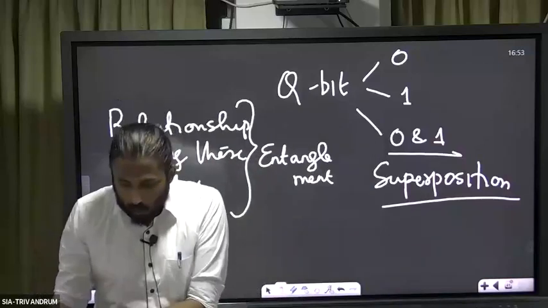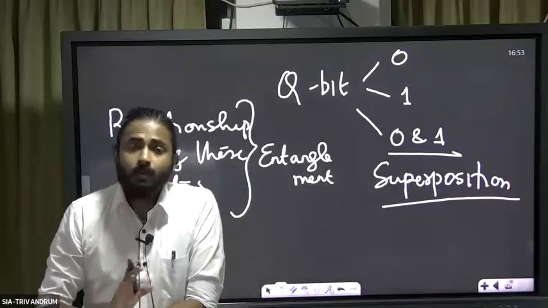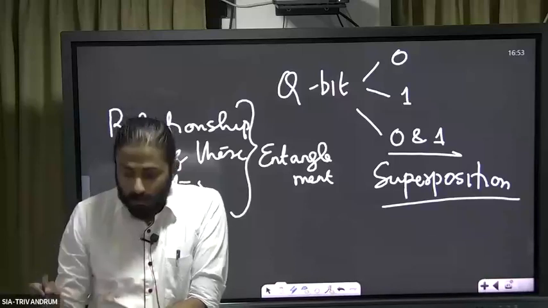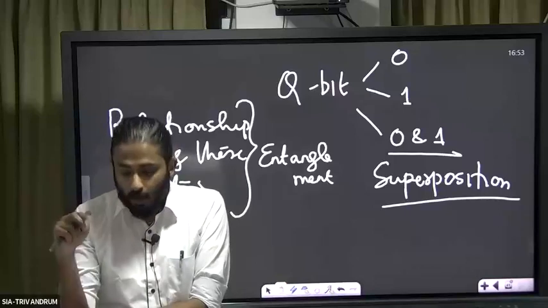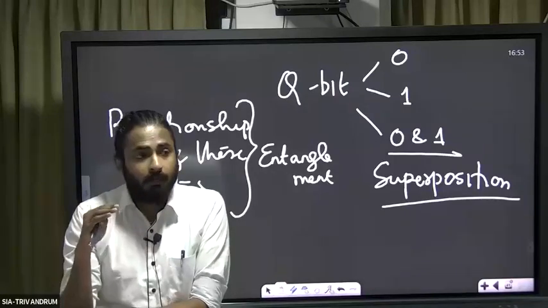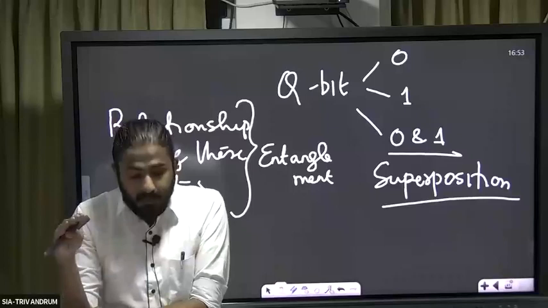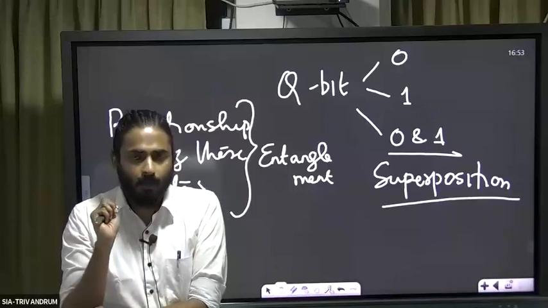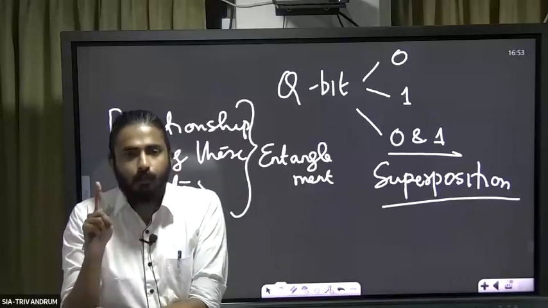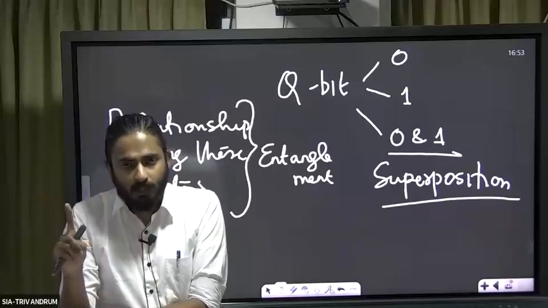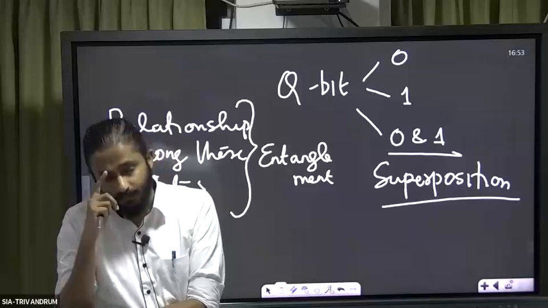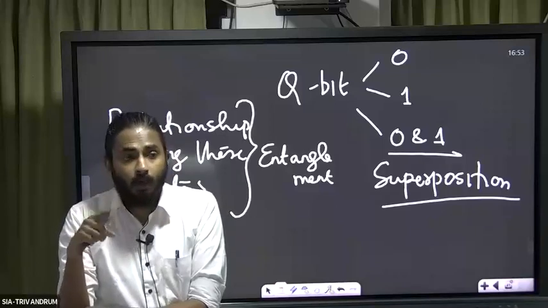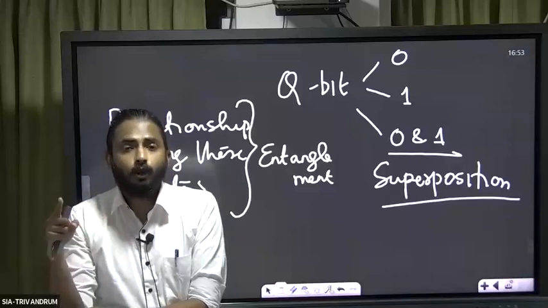And because of this superposition, what is the advantage? That is what you have to know. Because of this, it can do parallel calculations, or it is able to perform the work of many classical computers simultaneously. So if a classical computer can perform something in 10,000 years, a quantum computer will be able to do it in, let's say, 5 seconds, because the qubits are able to hold multiple values simultaneously.